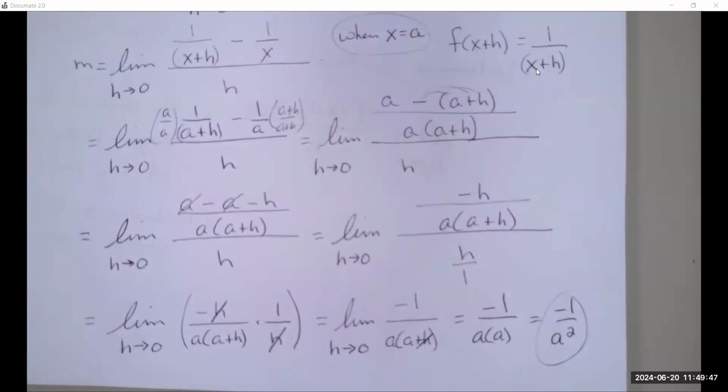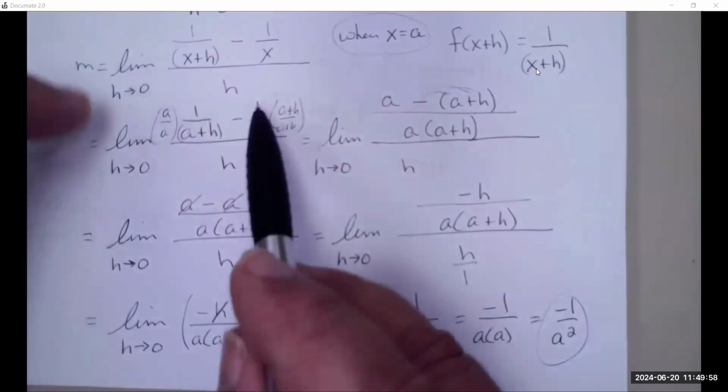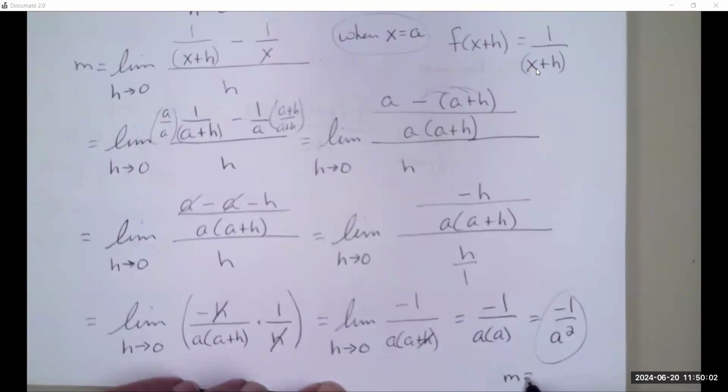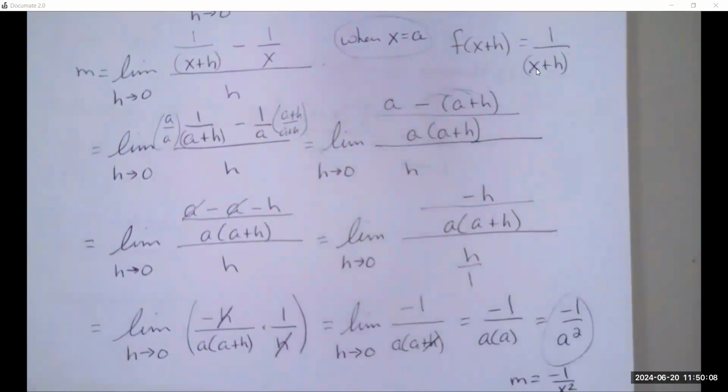The second part of question A says, what is the slope when x equals -1? So with this all found out, the slope is actually -1 over x squared, because remember, we said that x equals a.